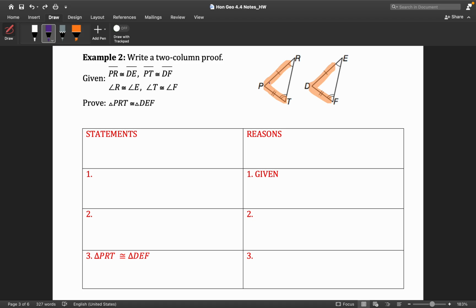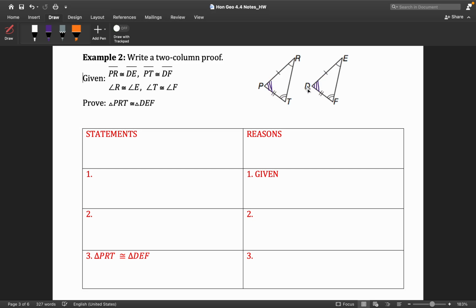But I don't have the pair I need. I need that third pair of angles, which is right here. So if I can get that third pair of angles, then I can say that I have side, angle, side. So all I need is the third pair of angles.